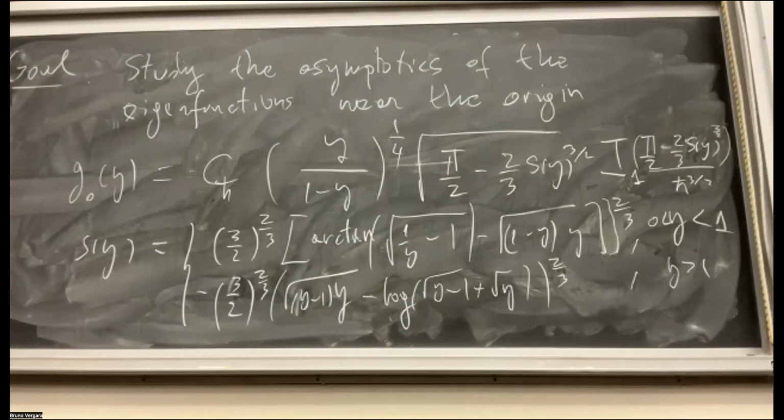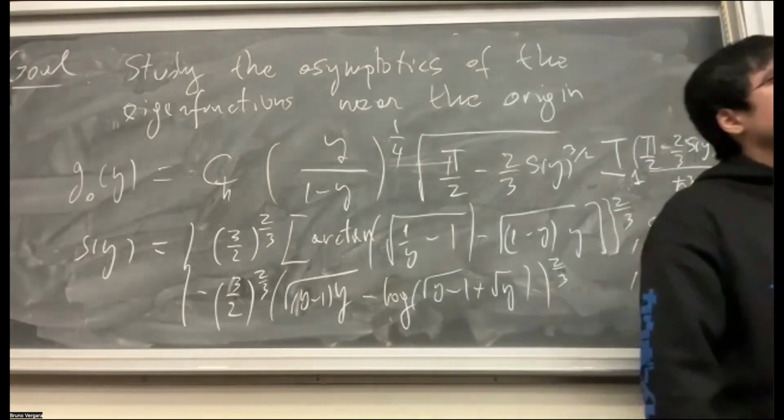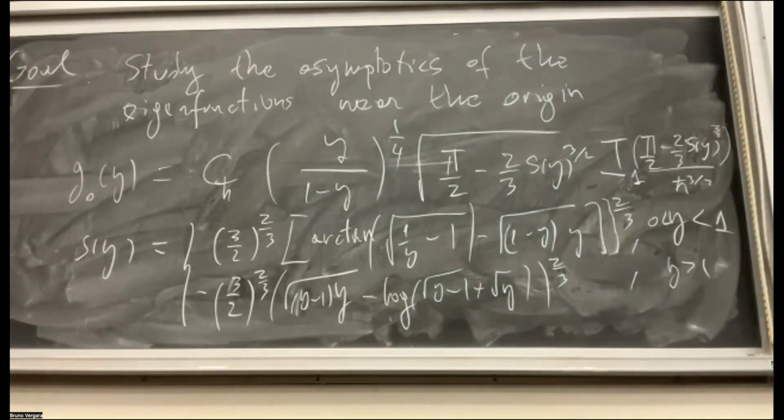You can say what's smaller than 1 half. Yes, we could say something like that. And it's an approximation in the sense that we are going to have a uniform bound between the true solution and G naught in terms of H.